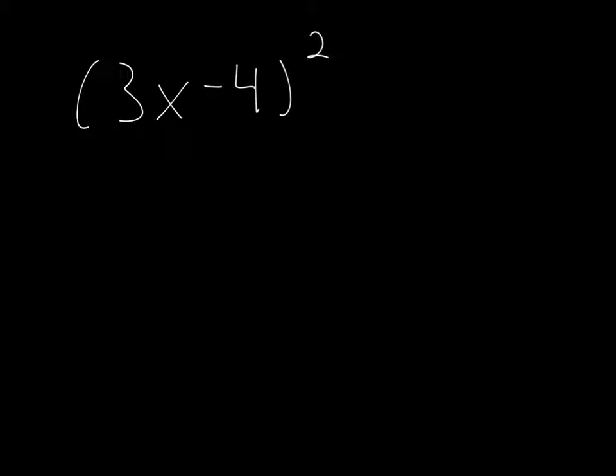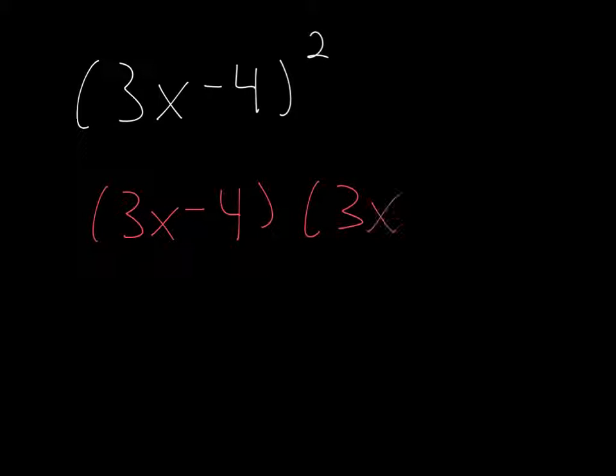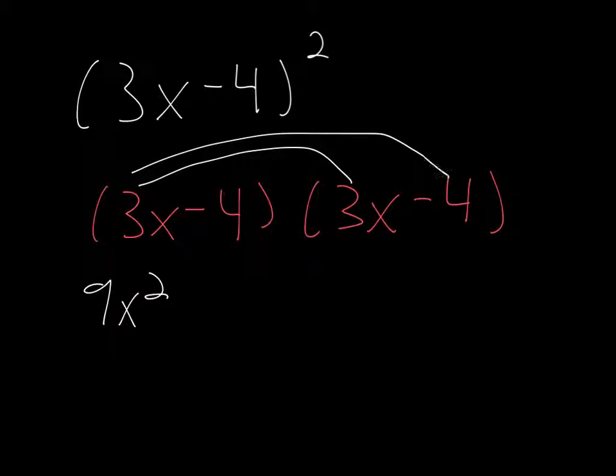Now, if you didn't like doing it in the shortcut way, try it without the shortcut. When 3x minus 4 is getting squared, you got to really do 3x minus 4 times itself. So go ahead and hit pause for a second and try that out on your own without the shortcut if you want. All right, so I'm assuming you did that. So we take 3x times 3x is 9x squared, and 3x times negative 4 is negative 12x.